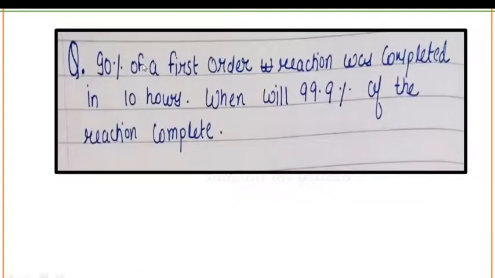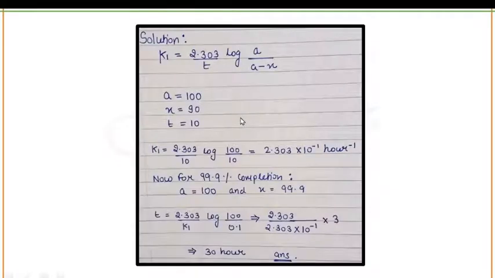Because 90% you have given the concentration, but total concentration is always 100. So we have written the formula 2.303 divided by 10 log value of A, that is 100, upon A minus X. What is X? X is the concentration that is given, or the reacted amount. We have written A minus X, 100 minus 90, that is your 10.